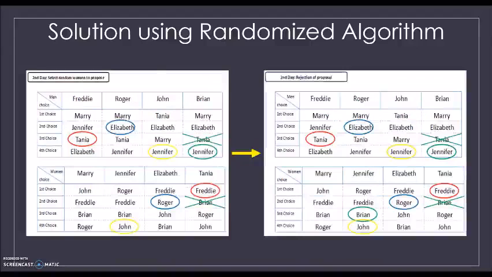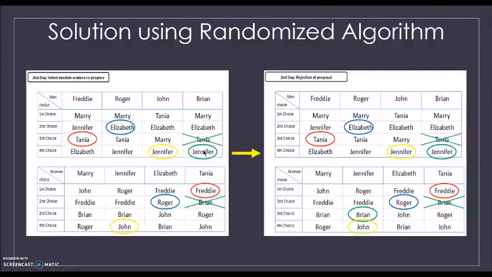In the second day of iteration, they start with the first phase like the first day. The one who got no partner has to choose another one randomly. So Brian chose Jennifer, because only Brian doesn't have a partner yet.